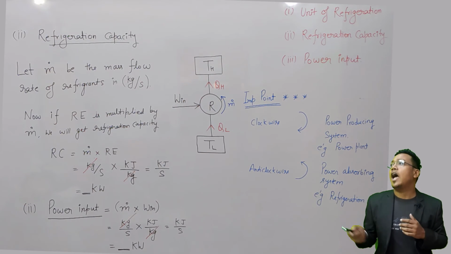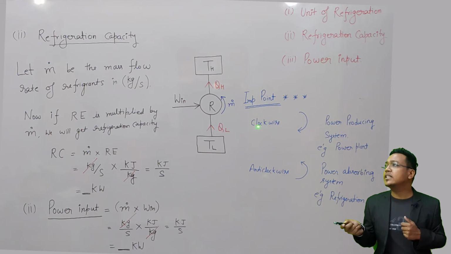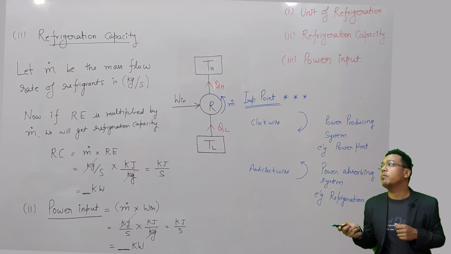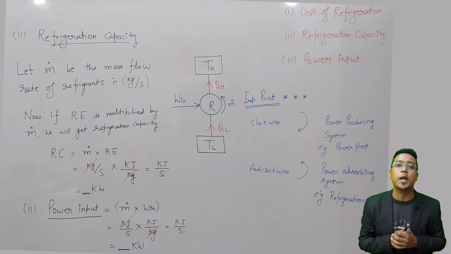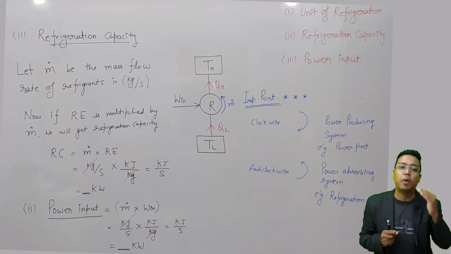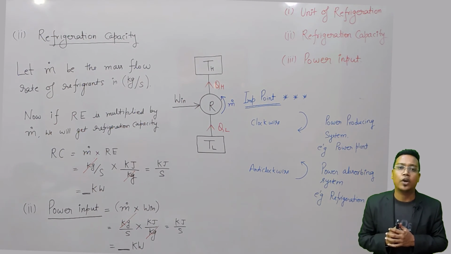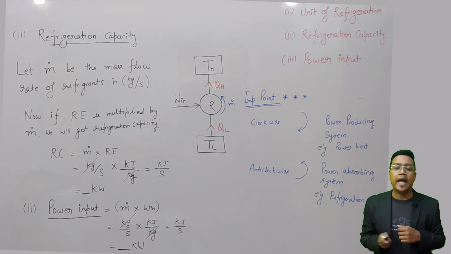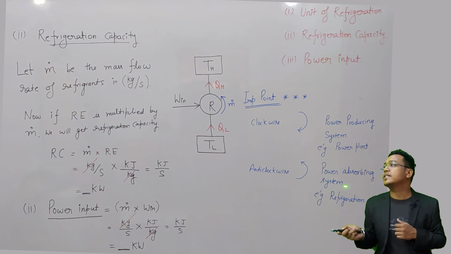Suppose this arrow is clockwise. That means it is a power producing system, where we can get power output, that means a power plant. If it is anti-clockwise, then this is a power absorbing system.